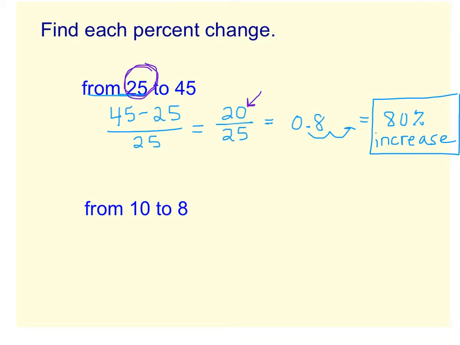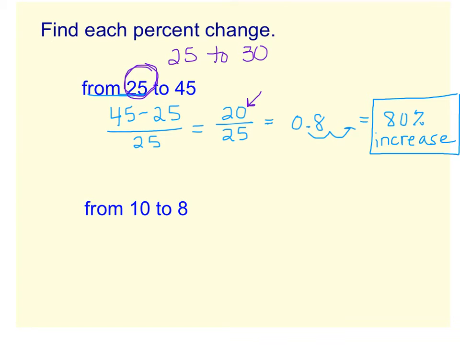That's why we had a higher percentage, 80% increase. If it said from 25 to 30, that only went up by 5. And 5 is a small part of the 25 starting value, so that's why that would be a smaller percent increase. I don't know if that made any sense, but that's what's going on here.